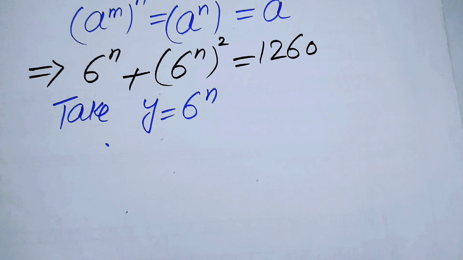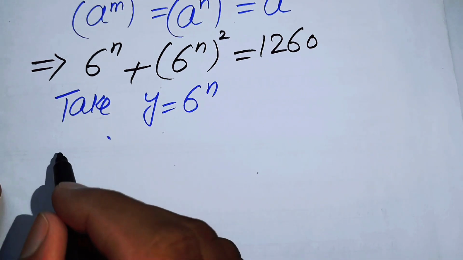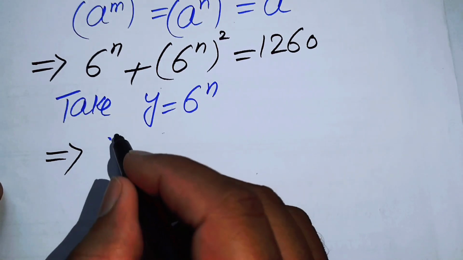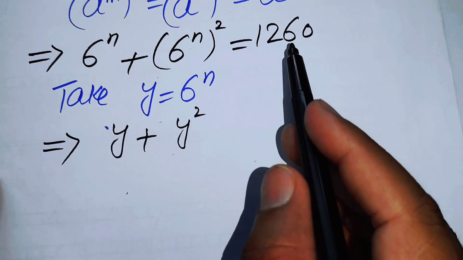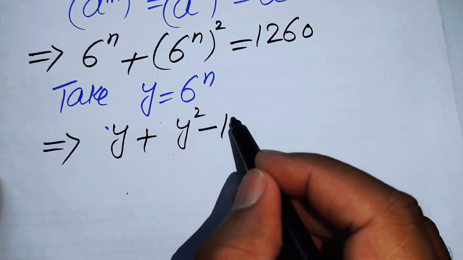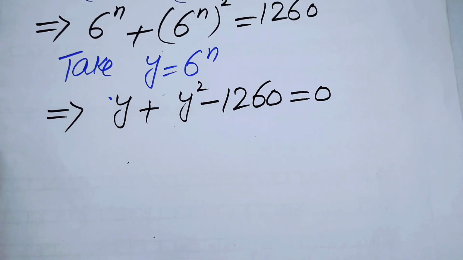When you put y equal to 6 to the power of n, you will find the output y plus y squared, and here you move this term to the left hand side and you get minus 1260 is equal to 0.